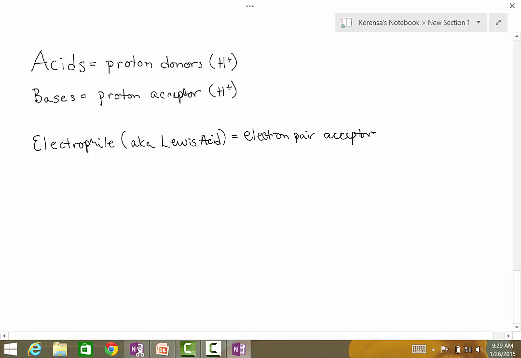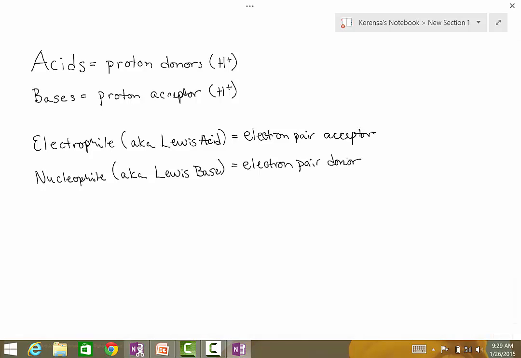And a nucleophile is also known as a Lewis base, which was the electron pair donor. So these are important definitions for our purposes, and we are going to use them significantly in this talk that we're about to go through.